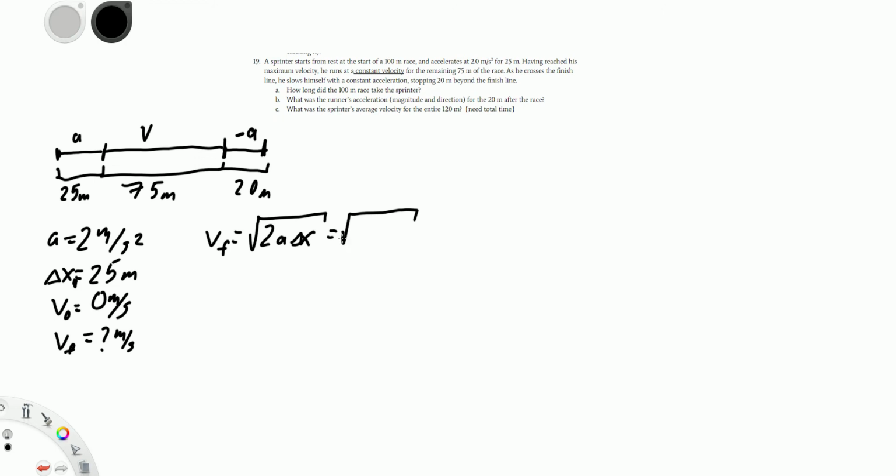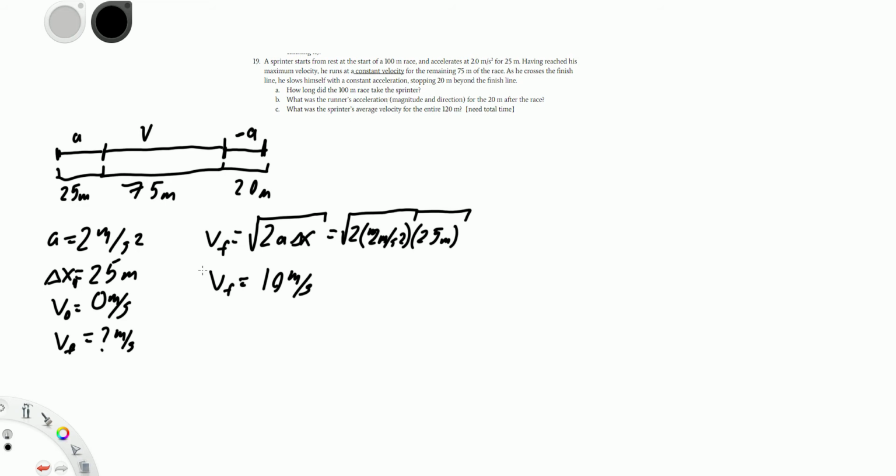This is 2 meters per second squared, all times 25 meters. We throw that in and we get 10 meters per second. So that's his top speed. That's how fast he's going to be going for this section here. And that's how fast he got when he got to this 25 meters.